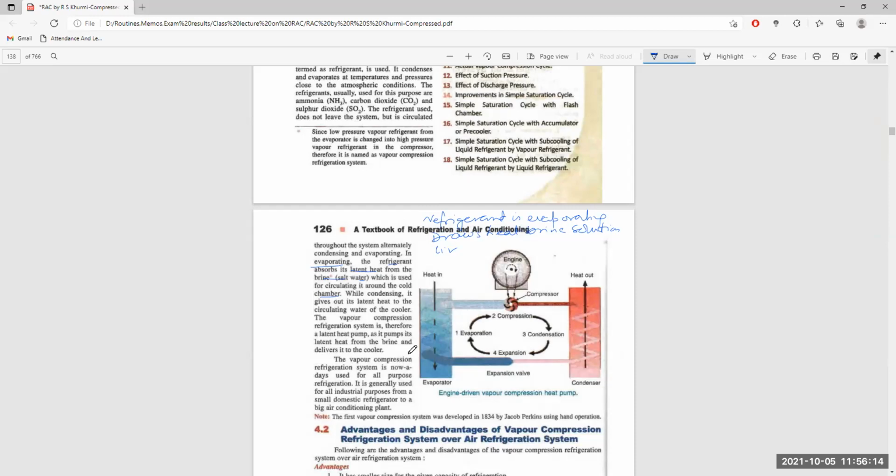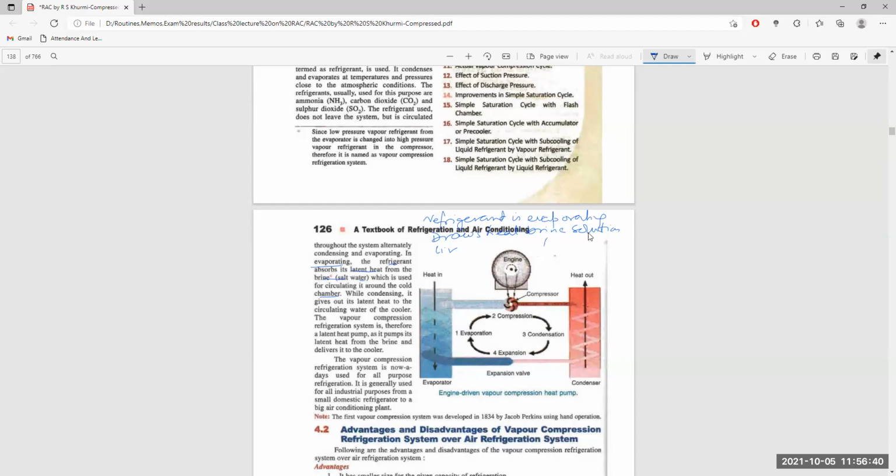The vapor refrigeration system is therefore a latent heat pump, as it pumps its latent heat from the brine and delivers it to the cooler itself. So what is shown here? The compressor is shown here.